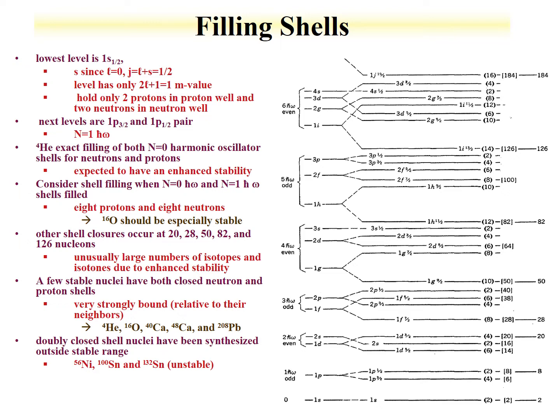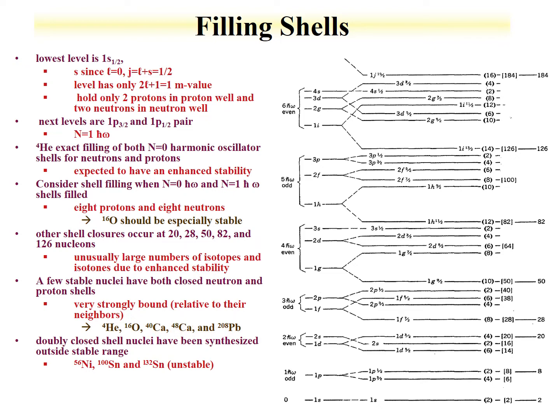These enhanced abilities from the magic numbers correlate with these gaps in the shells. A few stable nuclei have both closed neutron and proton shells. They're very strongly bound relative to their neighbors. We can also call these doubly magic nuclei, and some examples are listed here. Helium-4, oxygen-16, calcium-40 and 48, lead-208.